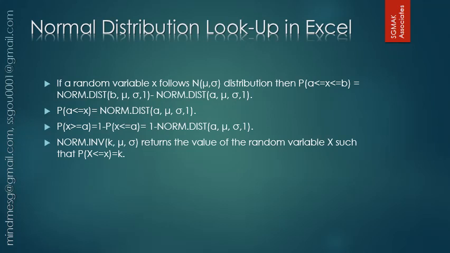Be careful about the very last field, 1, when you are finding the cumulative probability. Most of the time it will be 1. NORM.INV(k, mu, sigma) returns the value of the random variable such that the probability equals k. So here you're taking the probability and converting it to the corresponding value of the random variable.